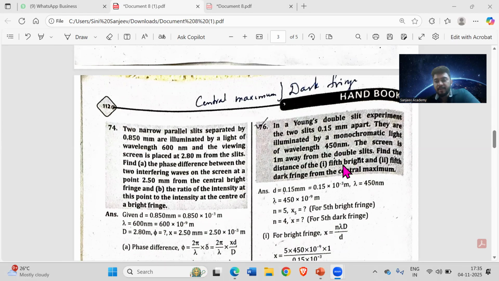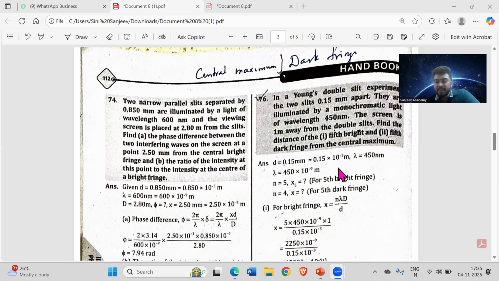Leave out everything, just see here. Can you see something called central maximum? Whenever you see it in the question, it is called dark fringe. I have even written it here also. Dark fringe.